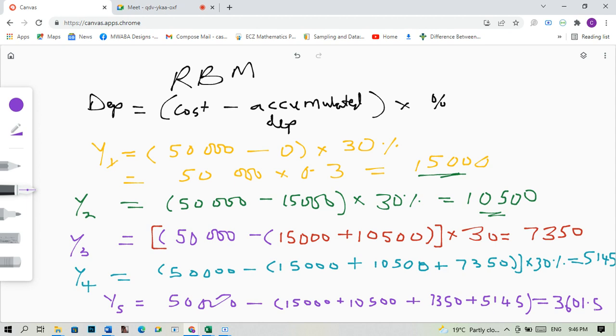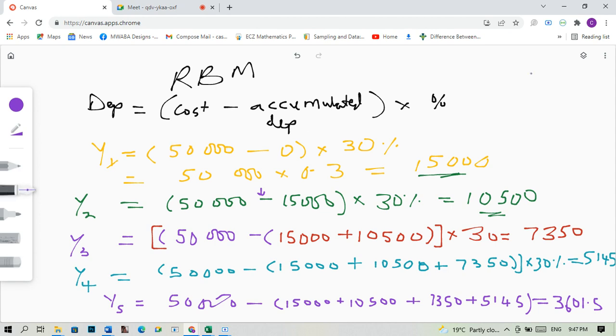The net book value is these calculations we have in the brackets. So let's calculate the net book value for year 5.